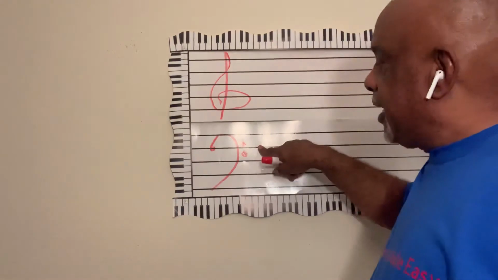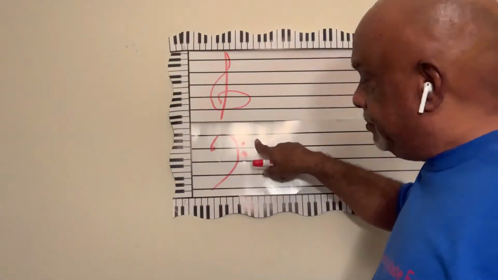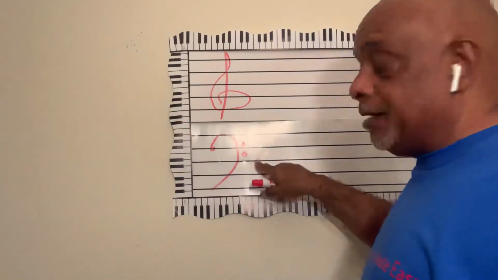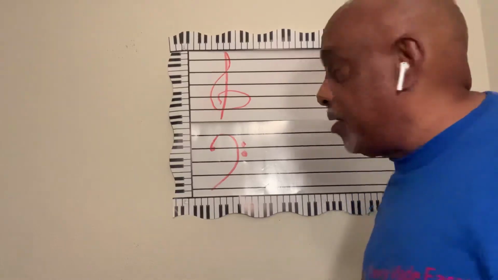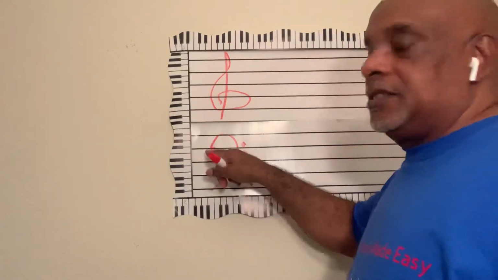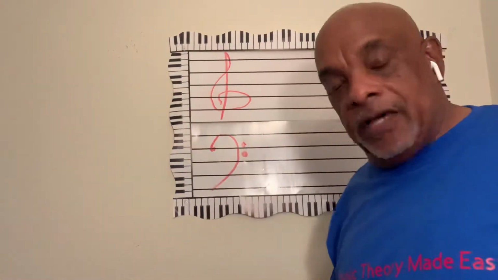Okay, so you have a dot at the top and a dot at the bottom. And normally, you start drawing the bass or the F clef on the F line.